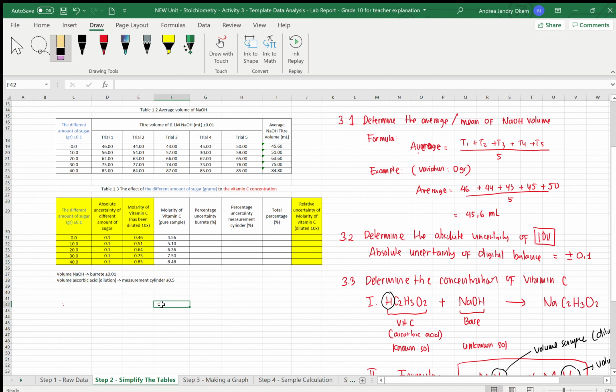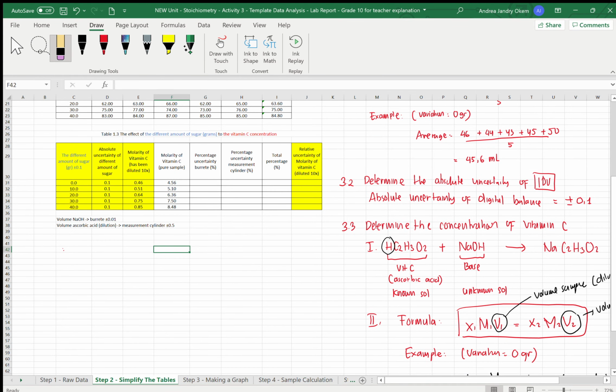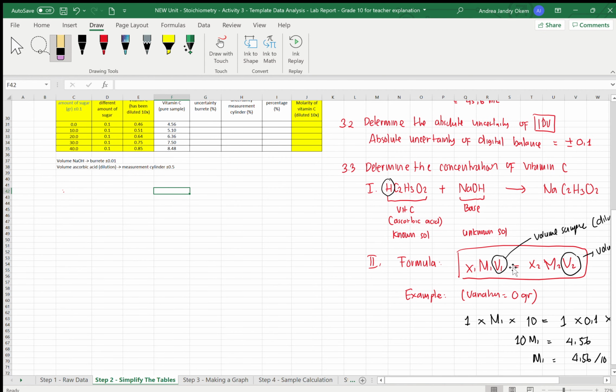Next. Now, if we want to calculate the relative uncertainty of the concentration of vitamin C, we need to see which type of propagation of uncertainty we have. It's based on the formula that we used to calculate the concentration of vitamin C. Take a look, the calculation includes multiplication and also division.